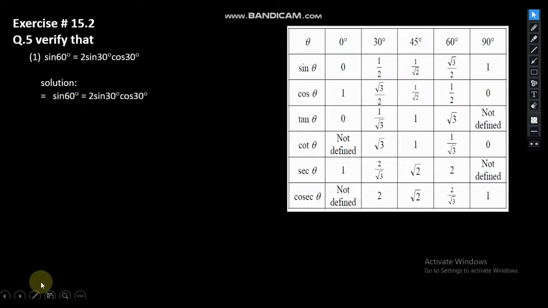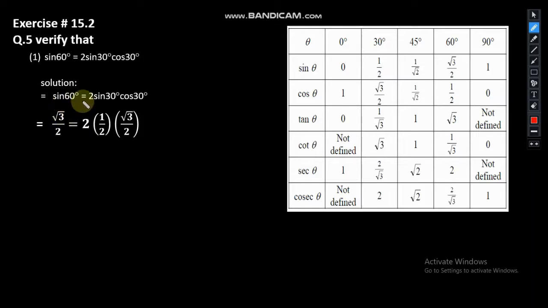Sin 60 degree is equal to under root 3 upon 2. Cos 60 degree equal to 1 upon 2, sin 60 degree equal to this one.